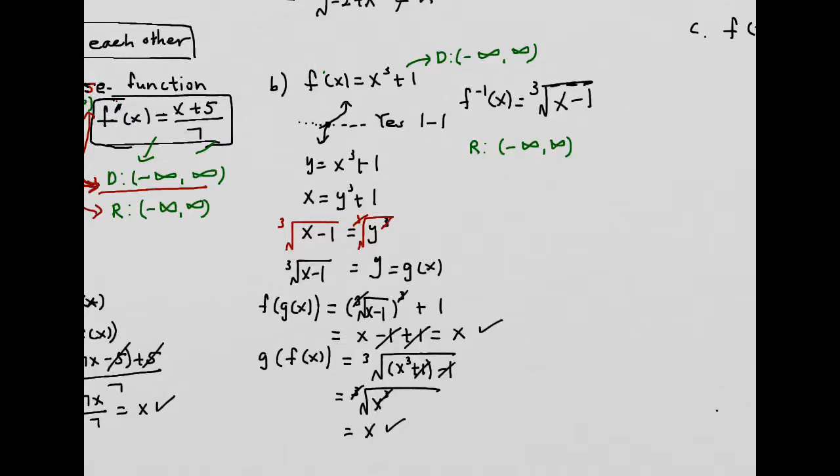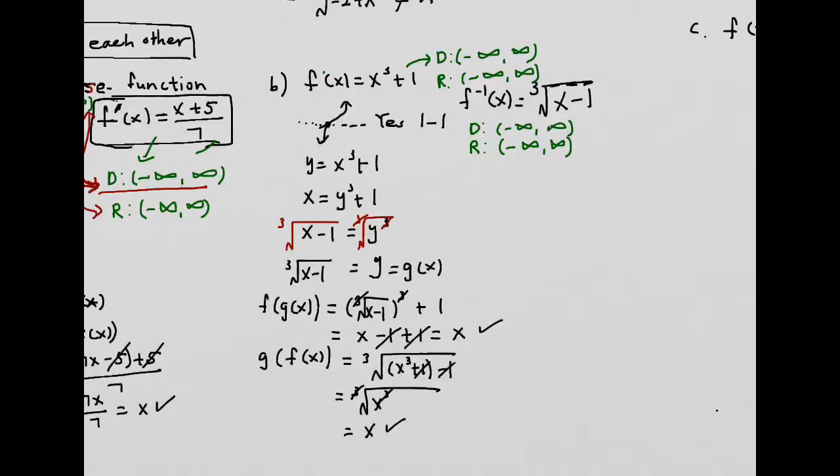And if we find the domain of the inverse function, what's the domain of cube roots? Cube roots have no restrictions, so that's another negative infinity to positive infinity. So that's going to become the range of the given function.